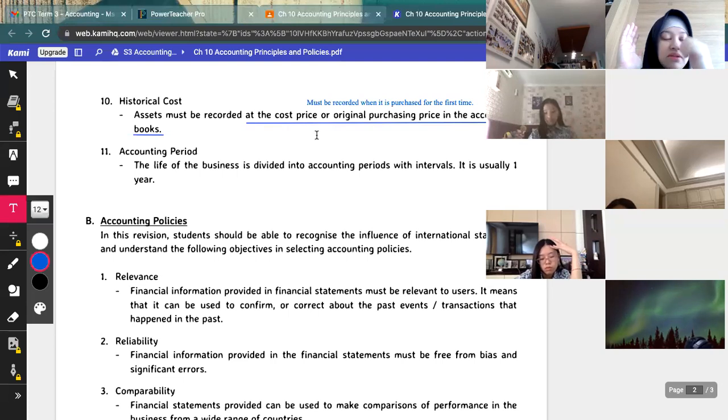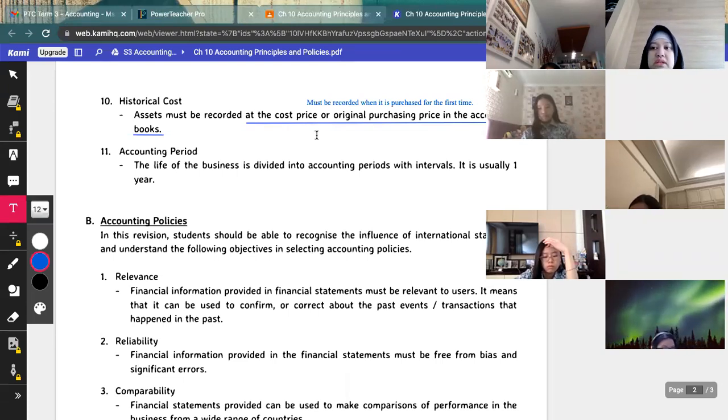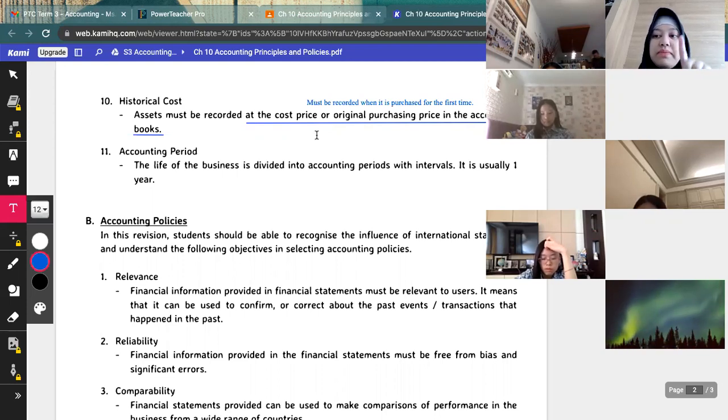Now, in the statement of financial position, you have non-current assets. Imagine premises as your non-current asset. This premises will be stated and shown in the 2018, 2019, and 2020 statements of financial position.